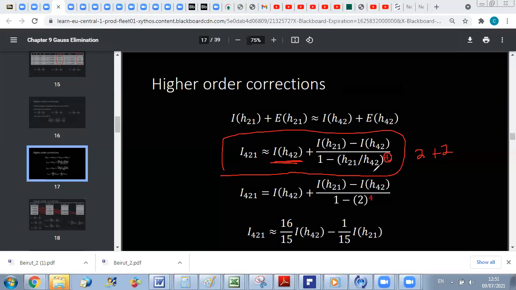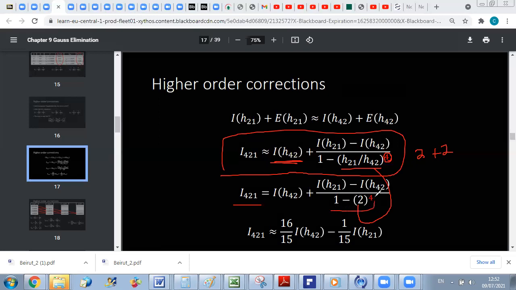Now, in particular, if I am doubling the segments, and I'm using a ratio of step sizes of 2, then I can replace h21 over h42 by 2. And I get that I4221 is equal to I(h42) plus (I(h21) minus I(h42)) over (1 minus 2 to the power 4).